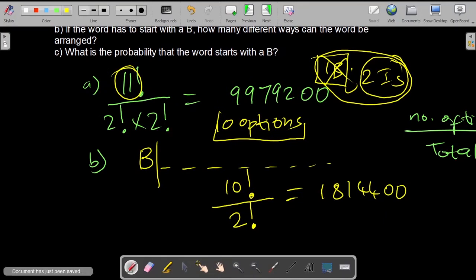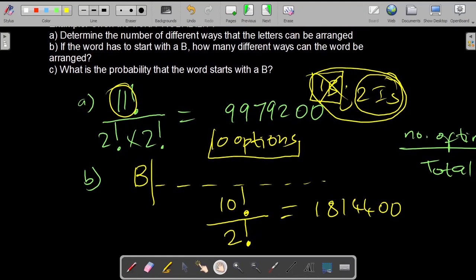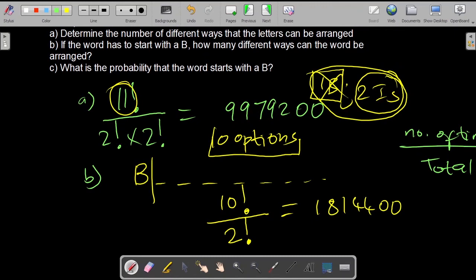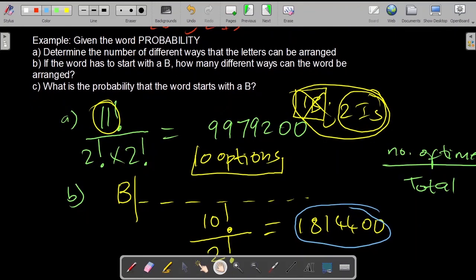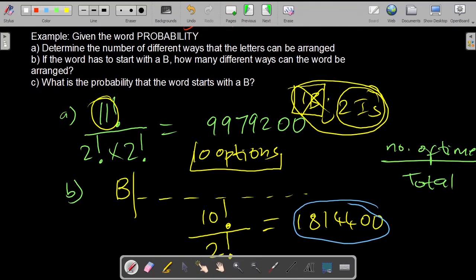let's read the question again, basically, so that we can understand what we're saying by this. What is the probability that the word starts with B? If you go back to the previous question, it asks for the number of different arrangements if we start with B. So we know the number of different arrangements that are possible if we start with B. And we also know the total of different arrangements, including those that don't start with B. And the total was from the very first question.